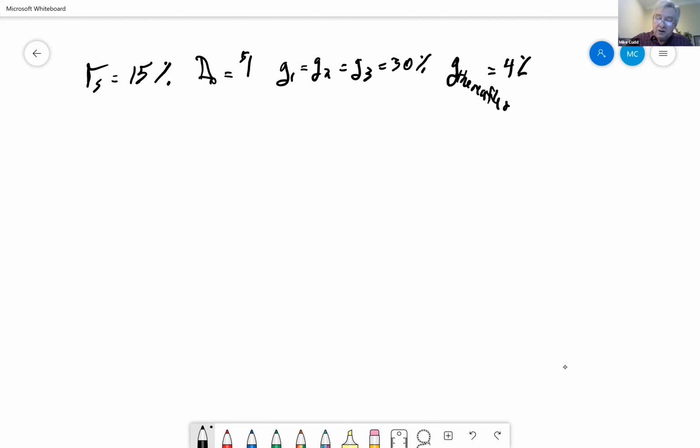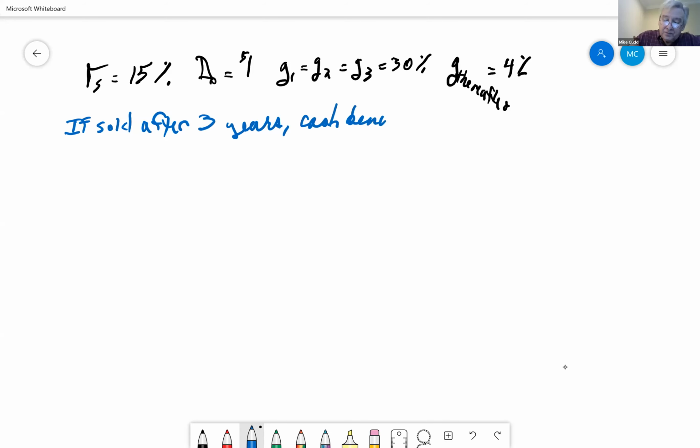And in the problem, I told you, assume that we sell the stock after 3 years, at the end of the non-constant growth period. If sold after 3 years, our cash benefits would be 3 years of dividends and a selling price.